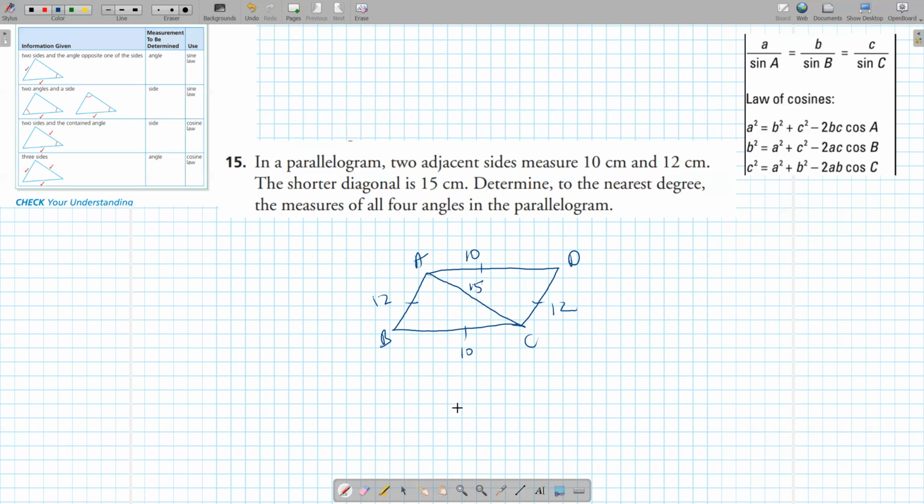Alrighty, so in this case, we don't know any of the angles. Which law do we use? And which angle should we find, actually, to help us? What do you think?